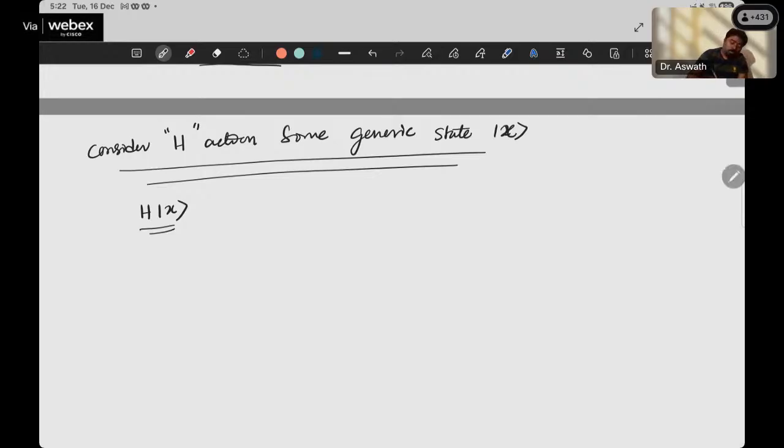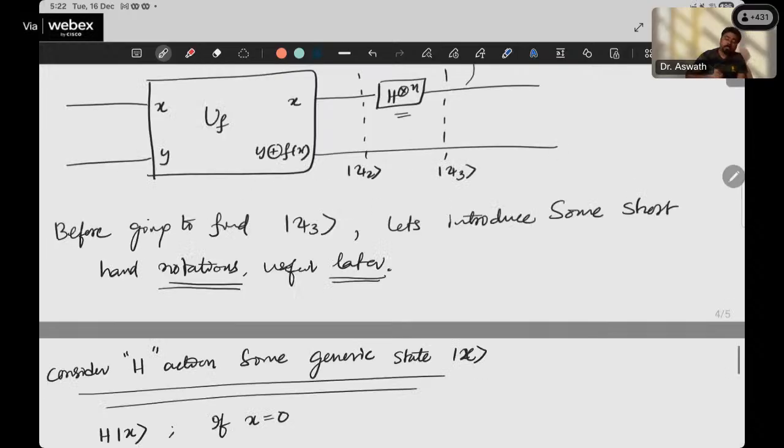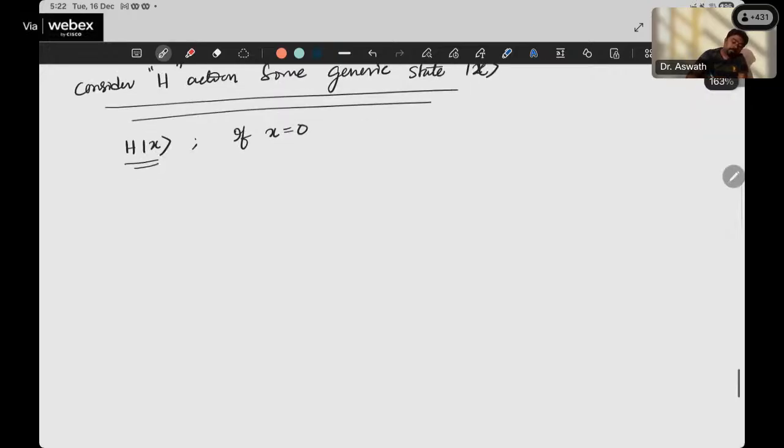Let's say now consider if X is equal to 0. If X is equal to 0, that implies what? H acting on |0⟩ would give you |0⟩ plus |1⟩ divided by square root of 2. Very simple.